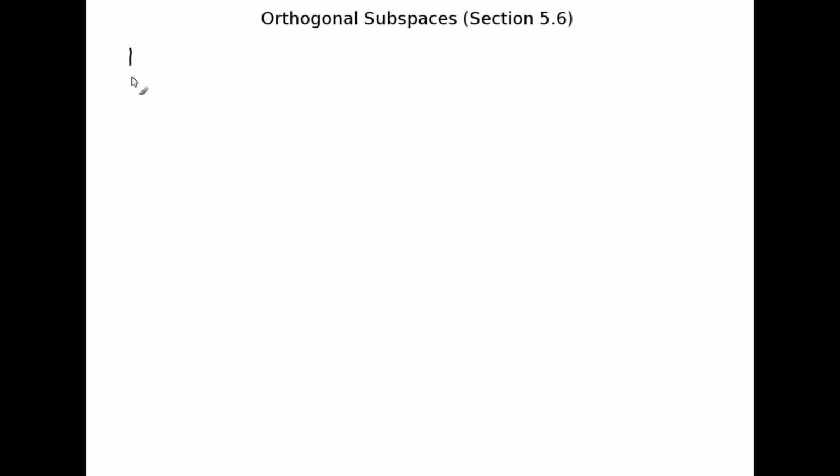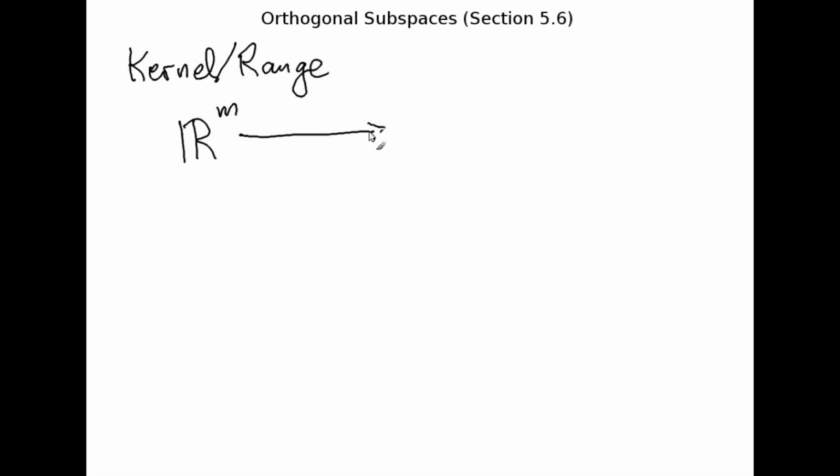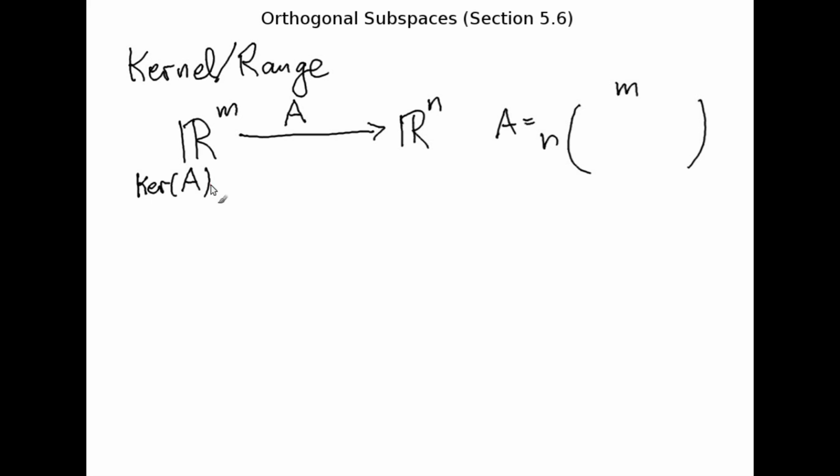The last thing I want to talk about now is some connection between the notion of orthogonality and the kernel and the range. So let's remember, suppose you have a linear map between two vector spaces, Rm and Rn, and this is given by an n by m matrix A. And so remember, we have the notion of the kernel of A. That's the null space of A, or all the vectors which go to 0.